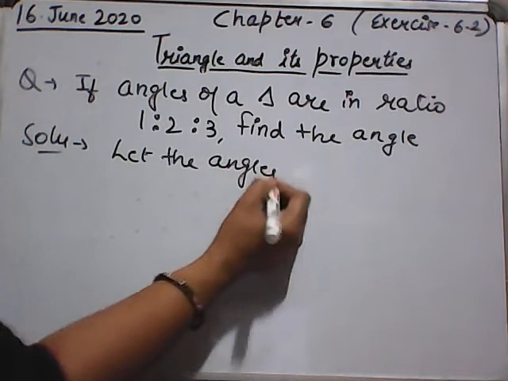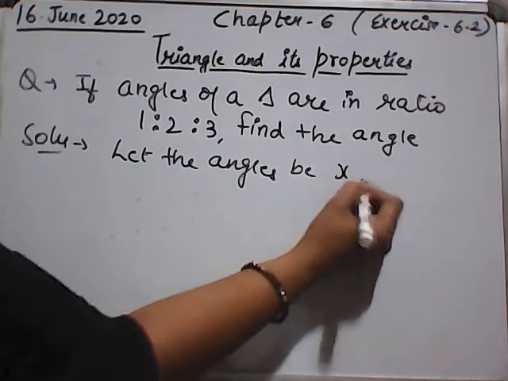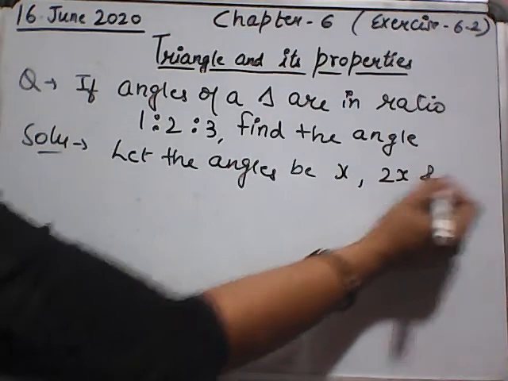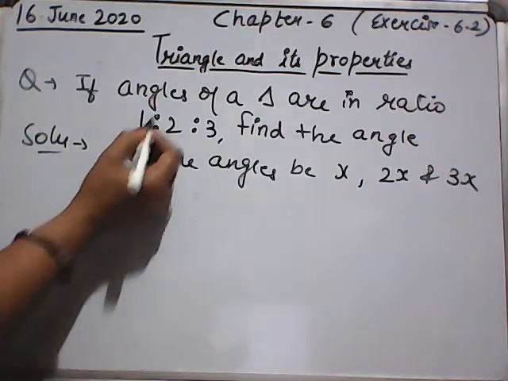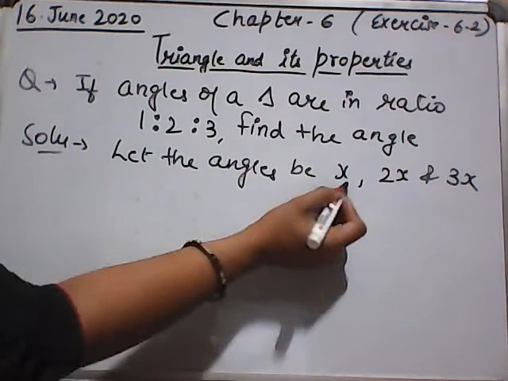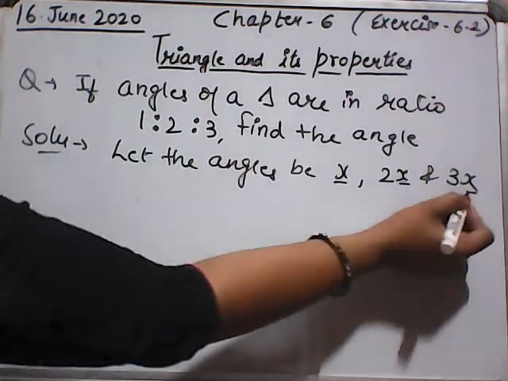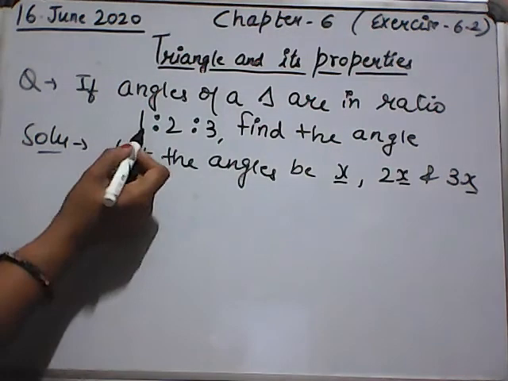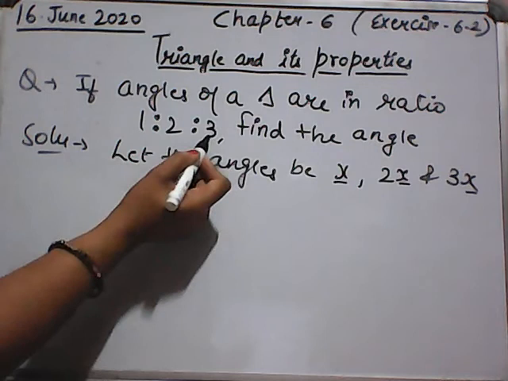Let the angles be x, 2x and 3x. Now it is given in the form of a ratio. When there is a ratio, you have to consider some arbitrary constant. 1 means 1x, 2 means 2x, 3 means 3x.